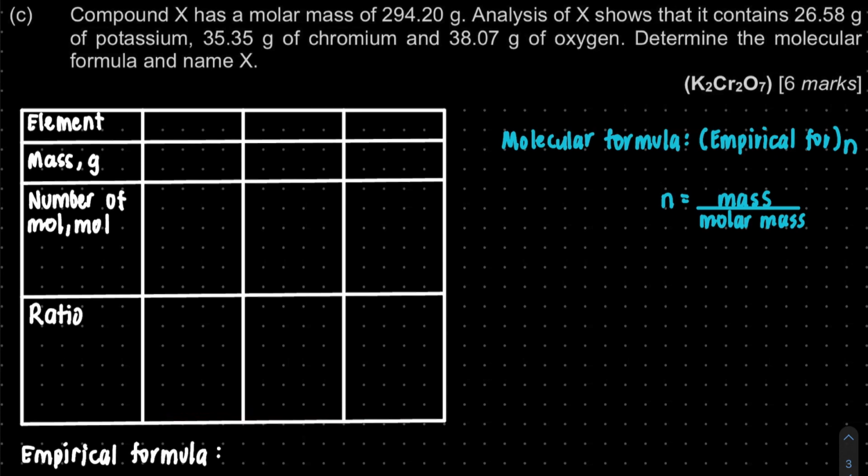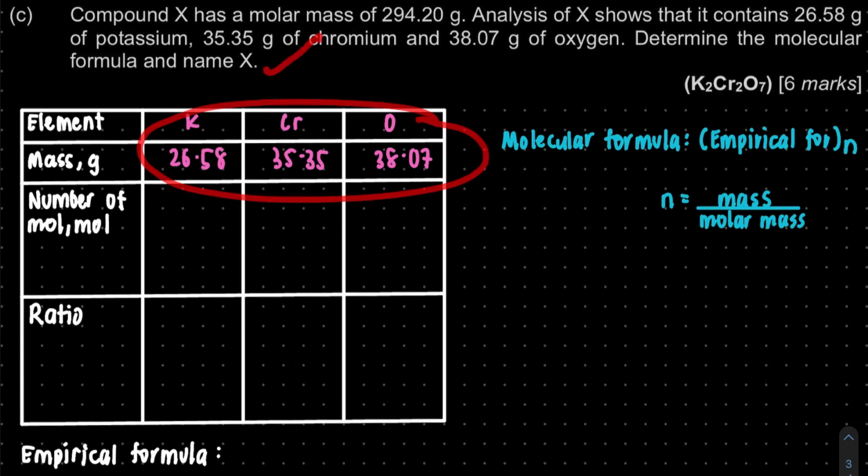For the elements, we have potassium, chromium, and oxygen, and the mass is already given: 26.58 for potassium, 35.35 for chromium, 38.07 for oxygen. This is all based on the information from the question.